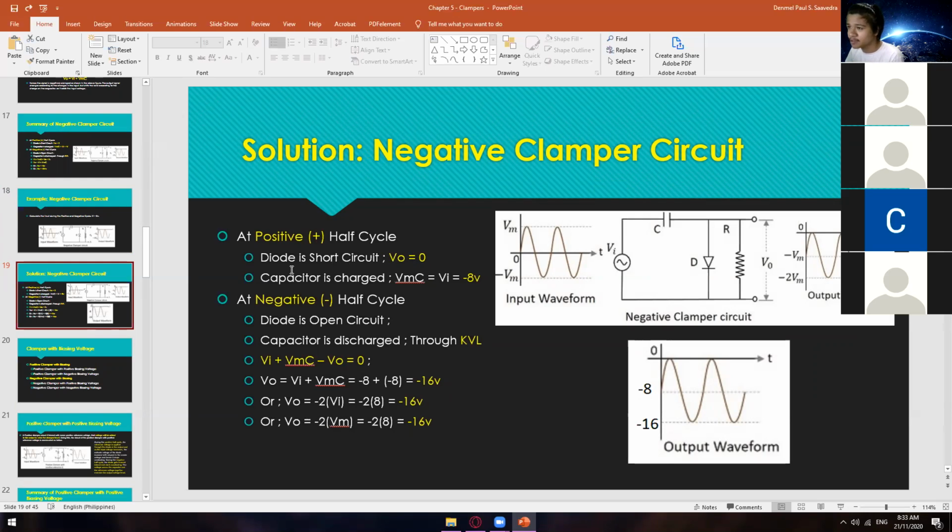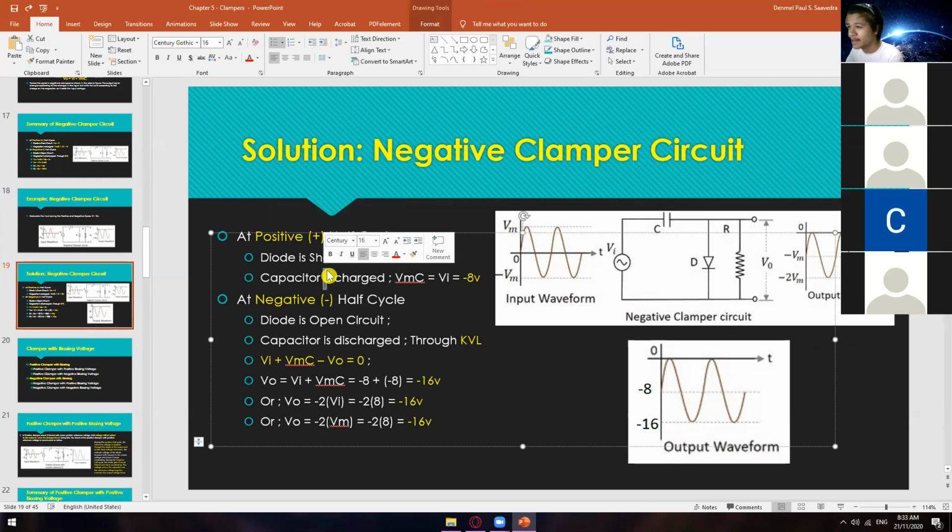As you can see right here, it will only be a short circuit or a closed loop if we have a positive upcycle. So the diode is short circuit. As always, if it's short circuit, V sub O is equal to 0 because it will never be able to pass through our V sub O. And the capacitor is now being charged because of that.